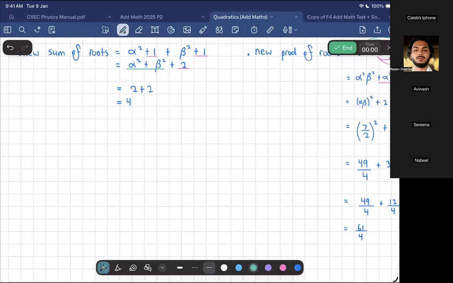If I have the sum and the product of the roots, how could I figure out the equation? Somebody tell me. How do I get the equation using the sum and product of the roots?